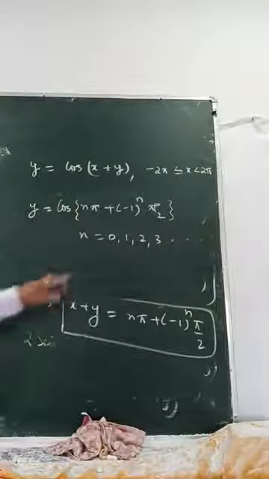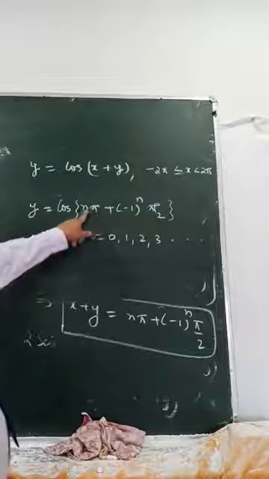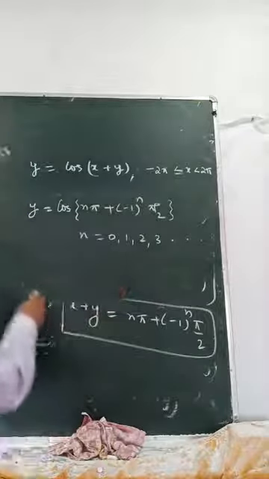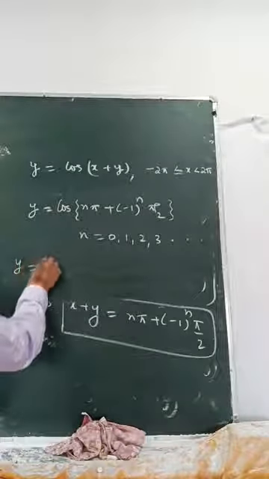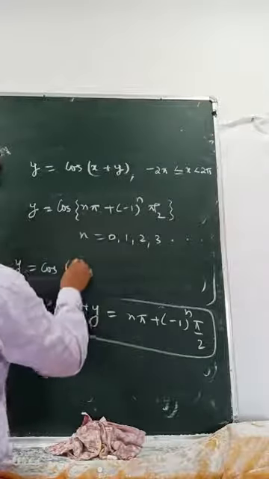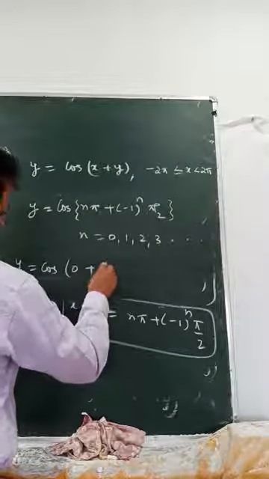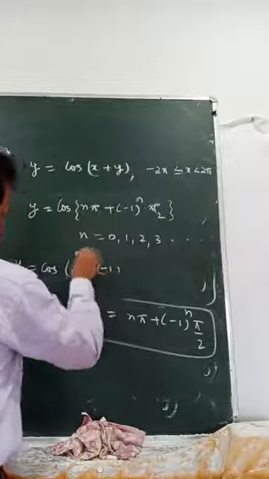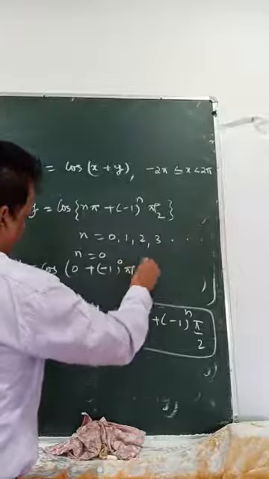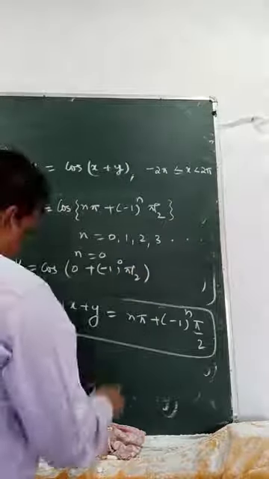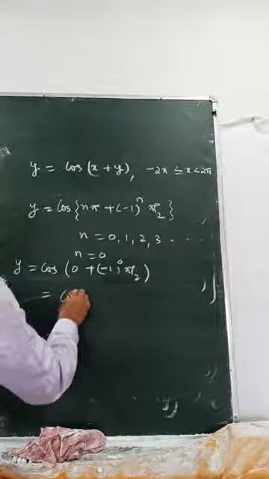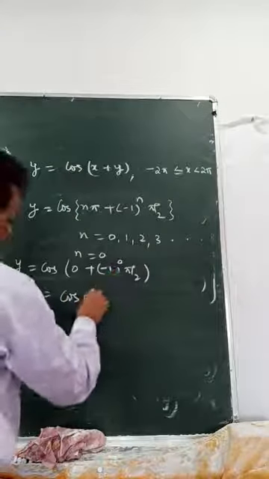Now if I put n equals 0, any number to the power 0 is 1, then y will be cos of pi by 2, which is 0.